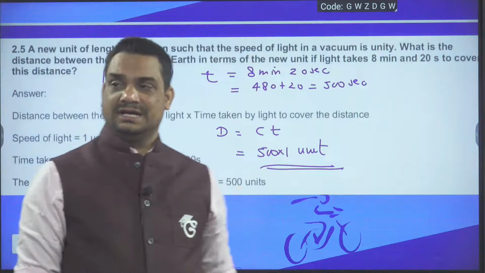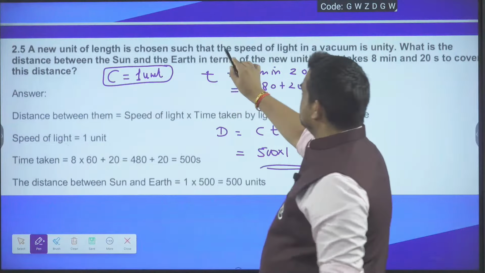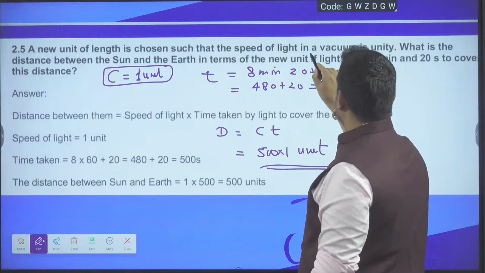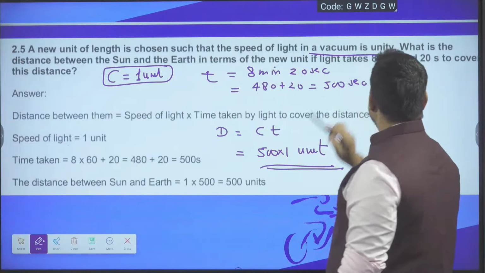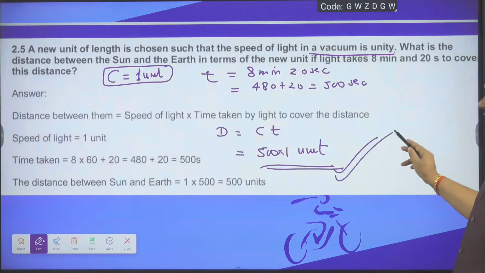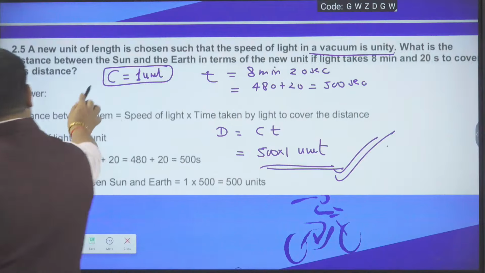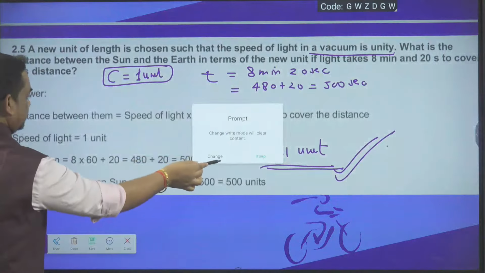As per the question, a new unit of length is chosen such that the speed of light in vacuum is unity. Then the distance between the sun and earth in terms of the unit is 500 units. Clear? We have just kept c as 1 unit.